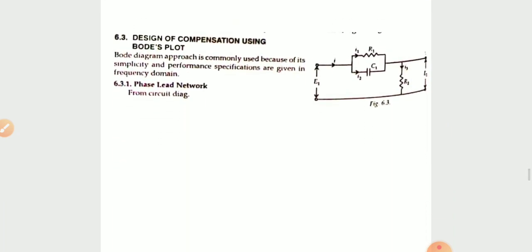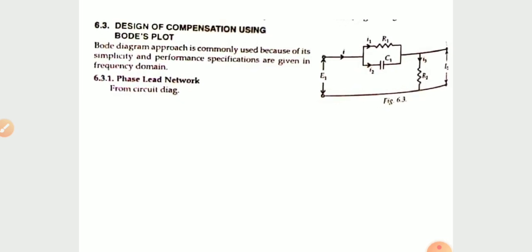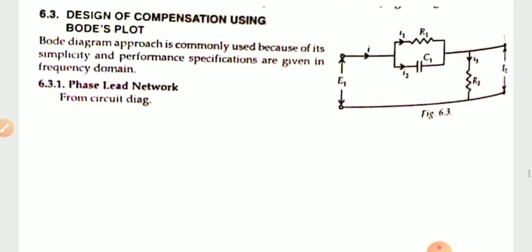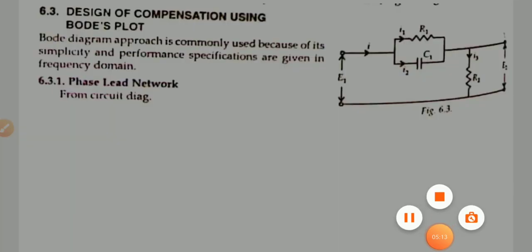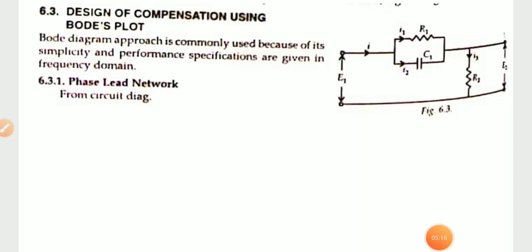Now at first we will discuss the phase lead network. When a sinusoidal input signal is fed to the network, we obtain a sinusoidal steady state output, which has a phase.